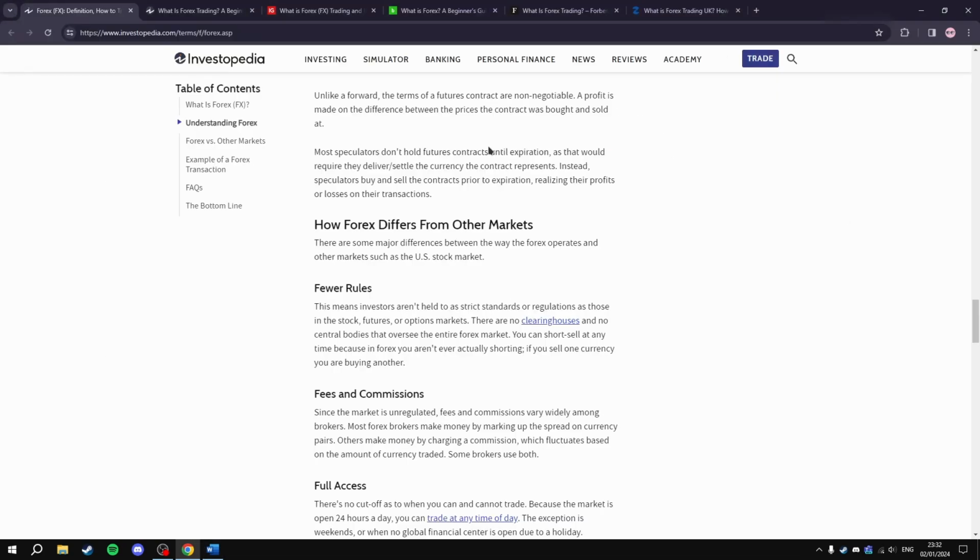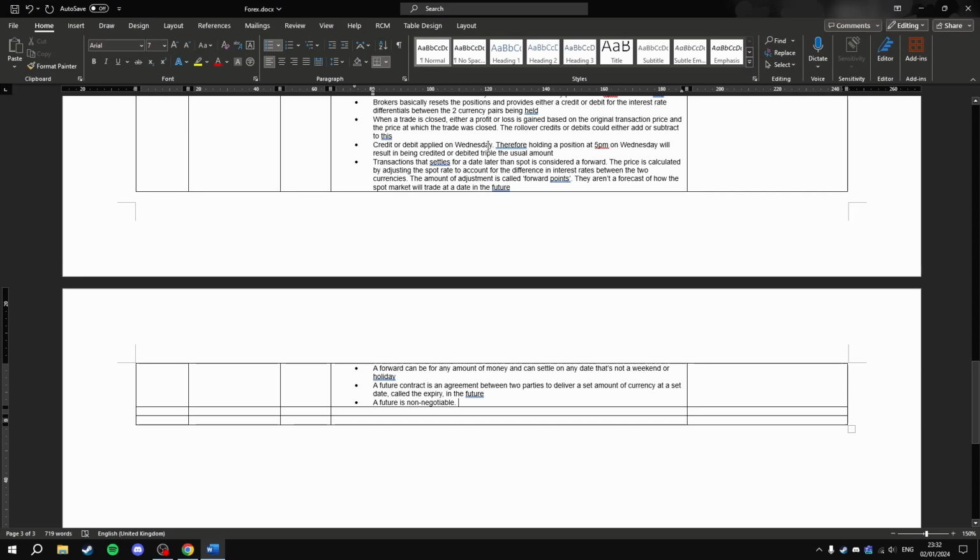A profit is made on the difference between the price the contract was bought and sold at.